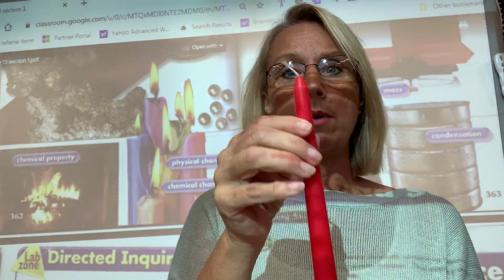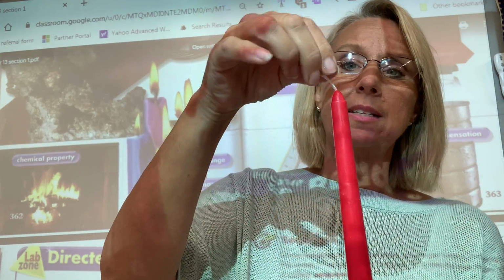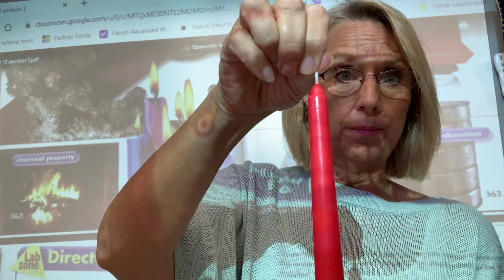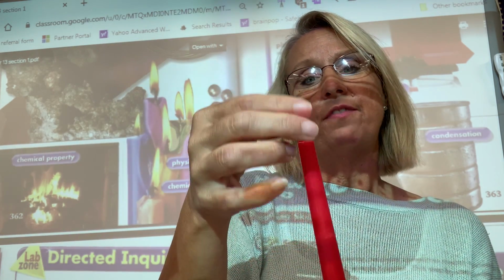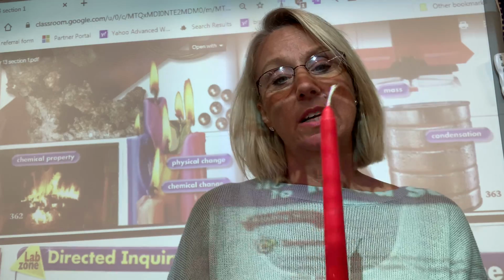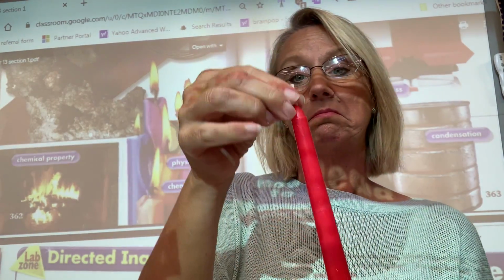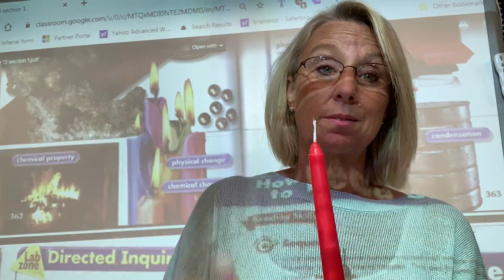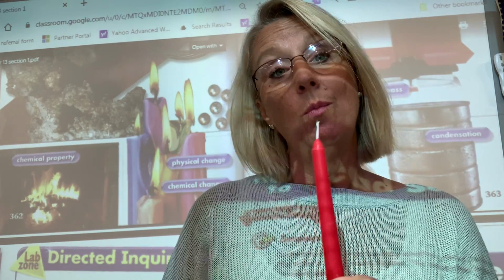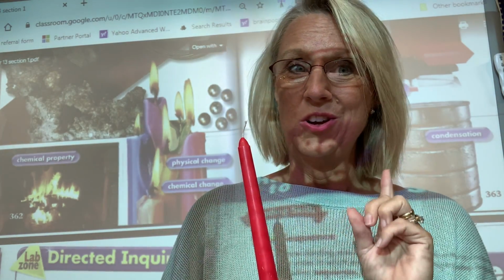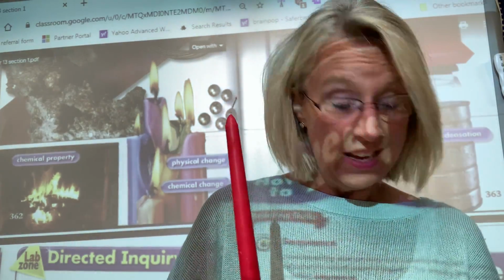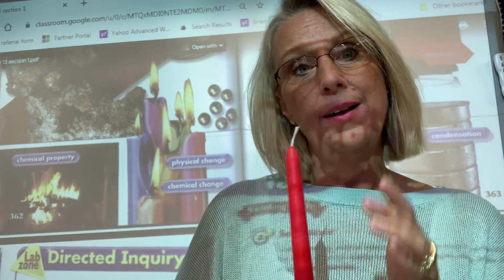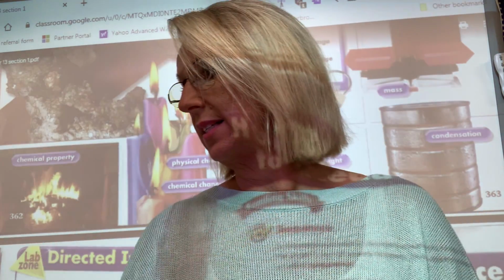So I want you to look here. I have a brand new candle, and the white piece of my candle is called a wick. It's like a cotton fiber, and right now it's just what it is. However, when I add that new element of fire, we're taking this chemical property, and I'm going to show you now how that chemical change takes place.